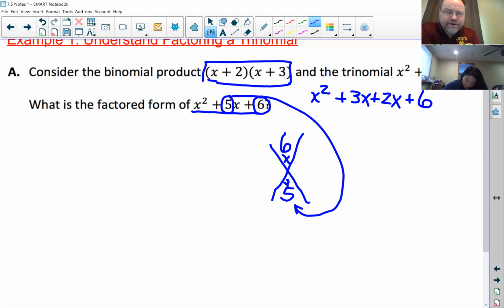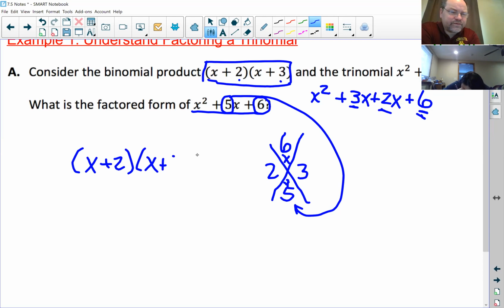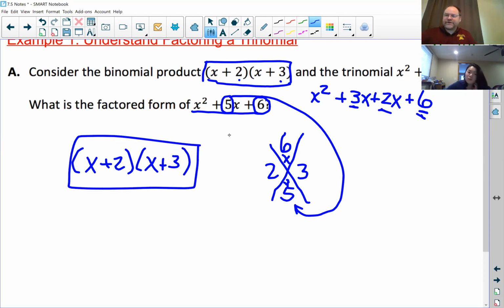We multiplied our two numbers to get this last term. We added the two numbers because they formed our like terms. So it is going to be 2 and 3. And the factored form, just like it is in the beginning of the problem, x plus 2, x plus 3.